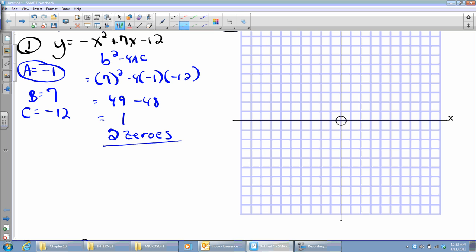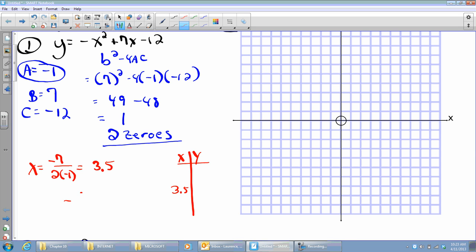So let me look for my vertex. X is going to equal -b over 2a, watching my signs, and that'll end up being 3.5. Okay, to get the y coordinate, I'm going to use a t-table. I'm going to plug 3.5 in here.